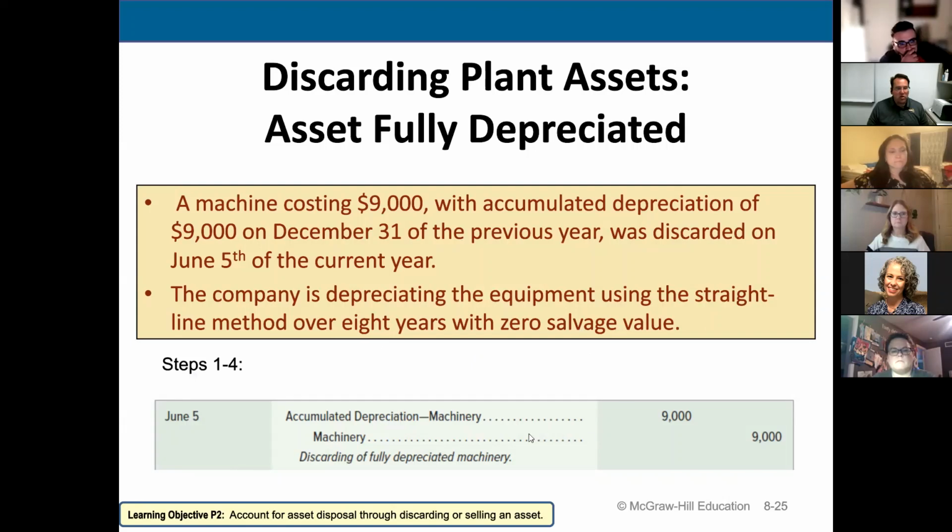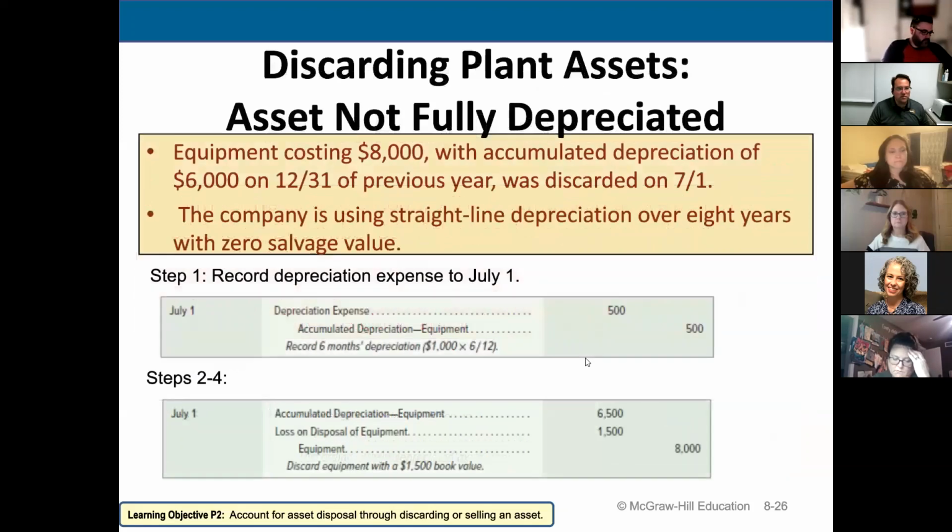To do that, all we're going to do is debit the accumulated depreciation account, which will make that account now have a balance of zero. And we'll credit the asset account, machinery in this case, which will make that account have a balance of zero, and we're done. The asset's off our books. We didn't make a gain or a loss on it. We didn't pay any cash or receive any cash. So that's a fully depreciated asset.